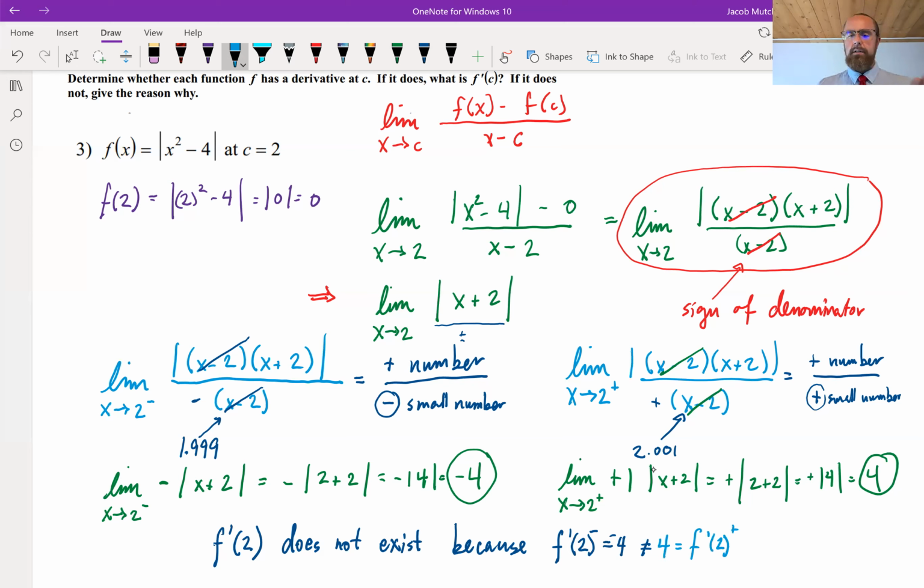Basically, we're saying that the left-hand and the right-hand limits of the average rate of change are not the same. And that concludes that question.